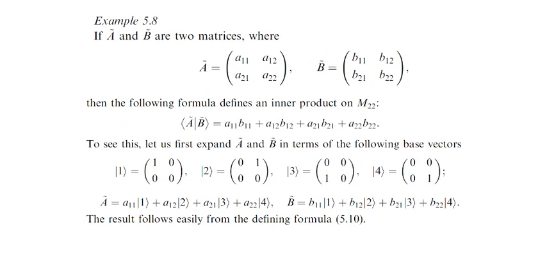In the case of matrices, the scalar product or inner product of A with B would be written like this: A11 B11 plus A12 B12, A21 B21 plus A22 B22.